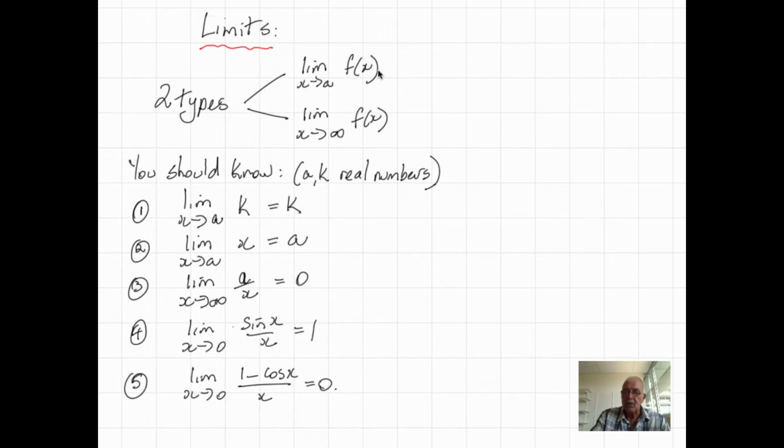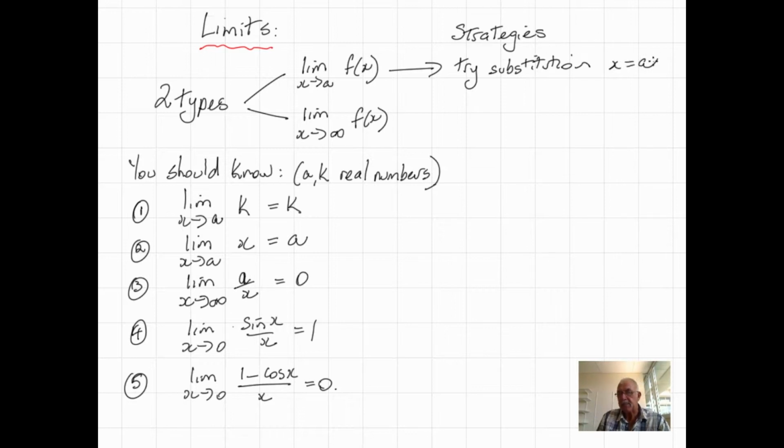Now, strategies. We'll go back up here and just look at two ways to actually do these. So we've got two different strategies. For x approaches a, try substitution first, and that's just putting x equals a.